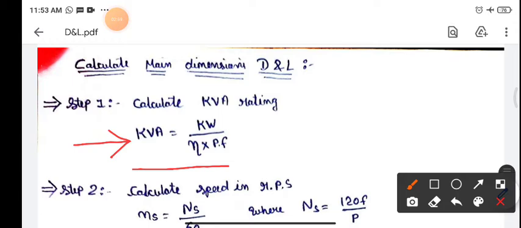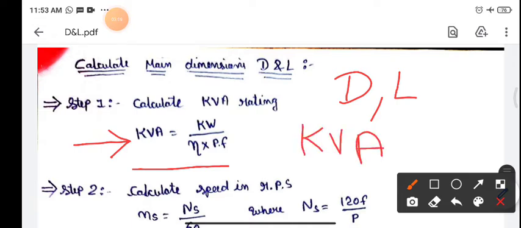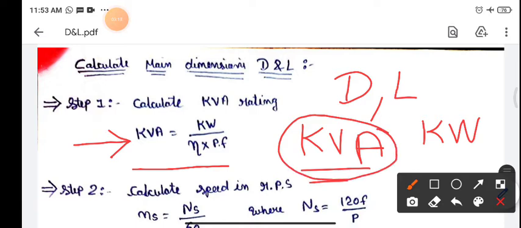So step number 1 is to find the rating in kVA, because in our numerical the rating will be specified in kilowatt, and from that we have to derive it in kVA.